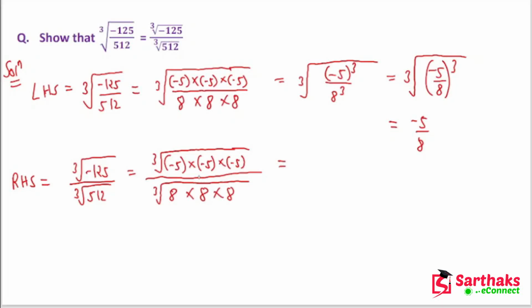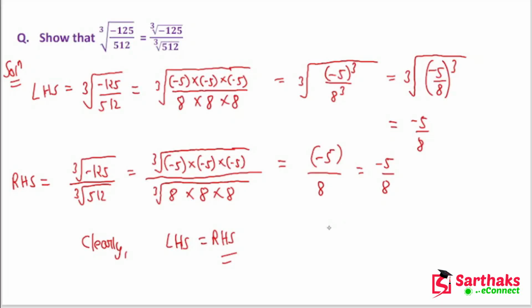Okay, so now you can see that it is a cube root, it will take out one negative 5 from this side, because that is a cube root, so it takes out one factor from the triplet. Similarly in the denominator, this cube root will take out 8 and we'll get minus 5 upon 8. So clearly LHS is equal to RHS.